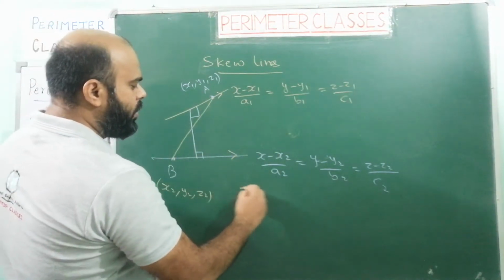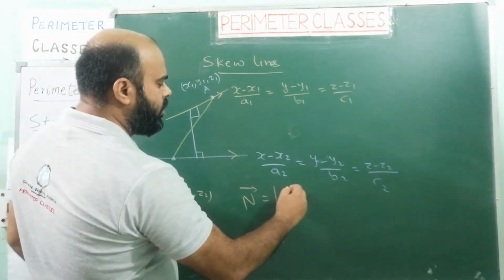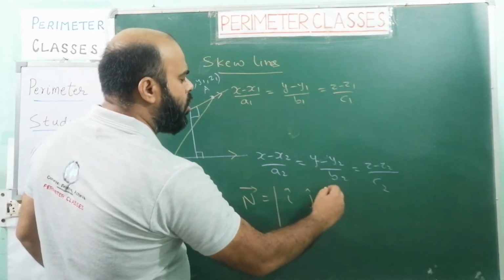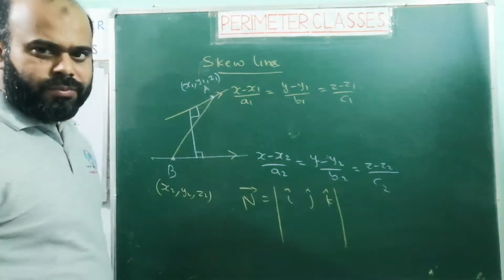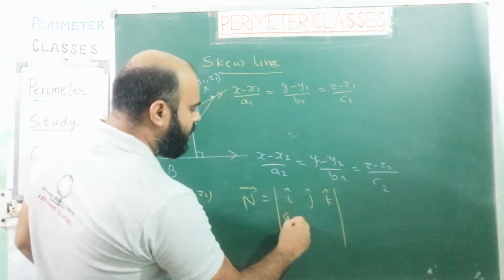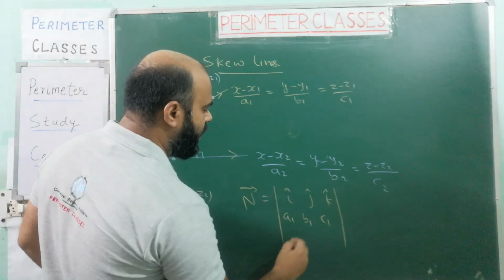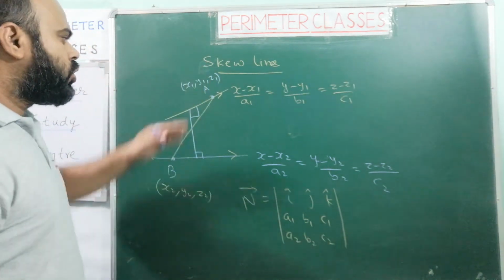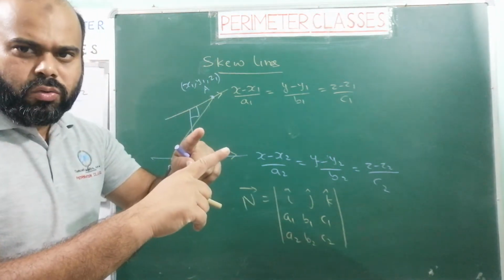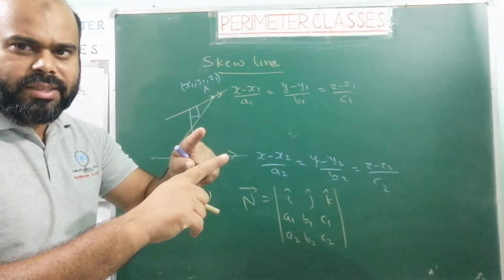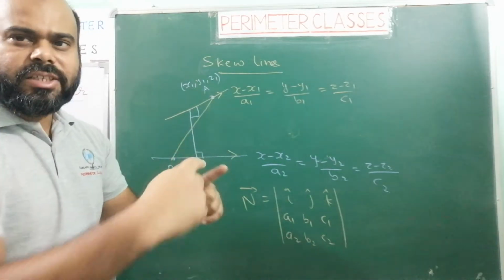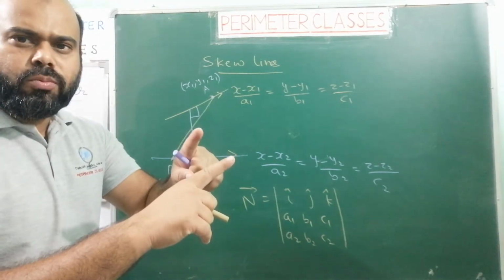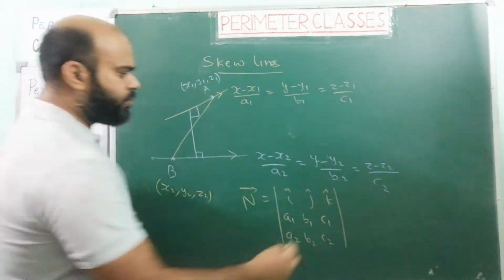That common normal is nothing but the cross product of these two vectors. And what are those two vectors? a1 i cap, b1 j cap, c1 k cap, and a2 i cap, b2 j cap, c2 k cap. So we take the cross product of these two vectors which are directed along the respective lines, and that is the common normal, which is normal to both the lines simultaneously.